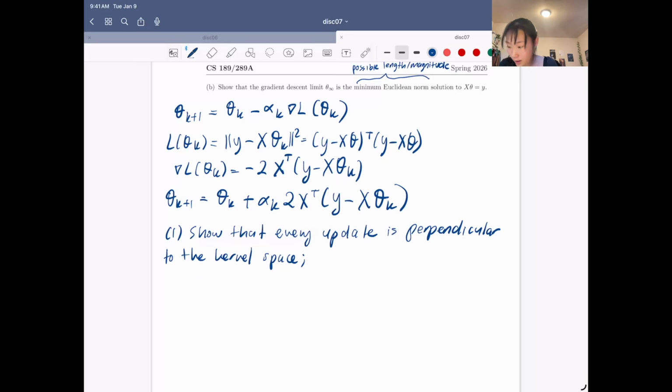In other words, every update is perpendicular to the kernel space. That's a perpendicular sign. So every update actually falls into this subspace. I hope you can read that. That says kernel, by the way.